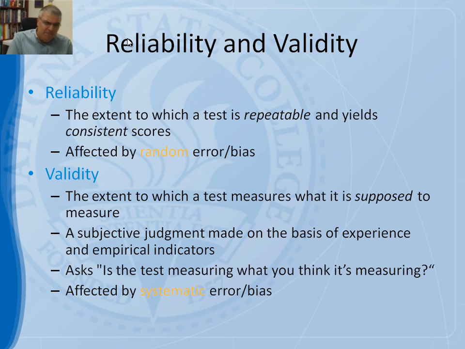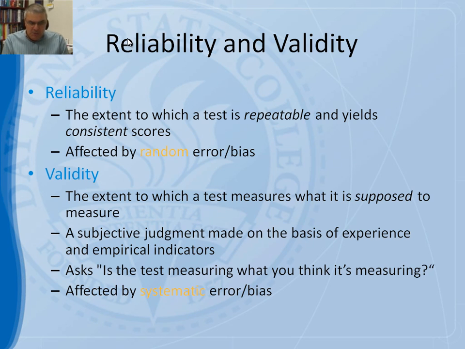The validity of the data is the extent to which a test measures what it's supposed to measure. Again, it's very important to realize that reliability would be affected by random errors, whereas validity would be affected by systematic error or a bias.